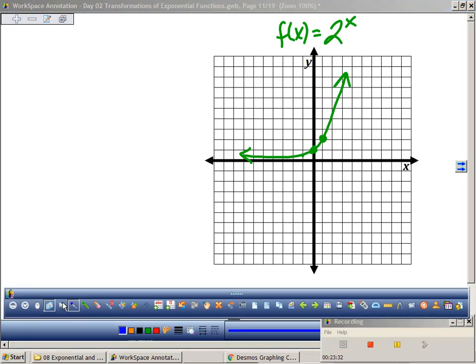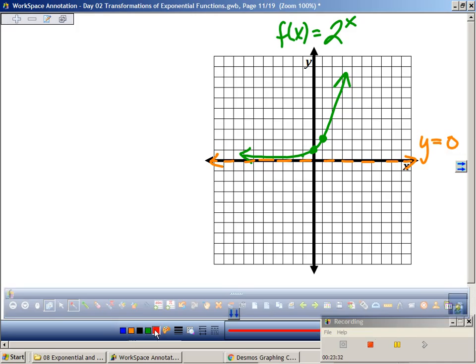So I still have the same asymptote. My asymptote on here is y equals 0. Only all of my points on this one are shifted to the left 3. Right? So this point's going to be shifted over 3. 1, 2, 3. This point's going to be shifted over 3. 1, 2, 3. This point's going to be shifted over 1, 2, 3.